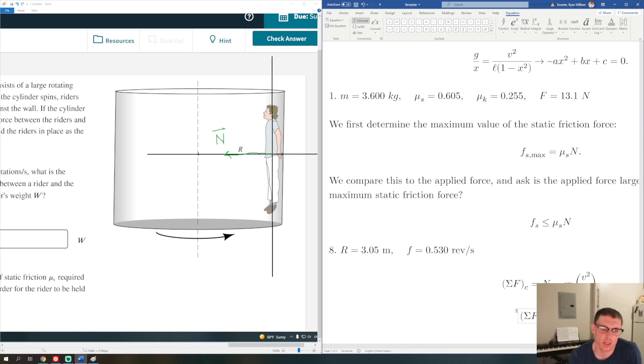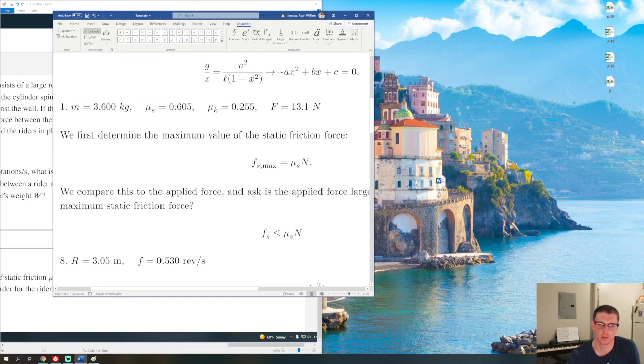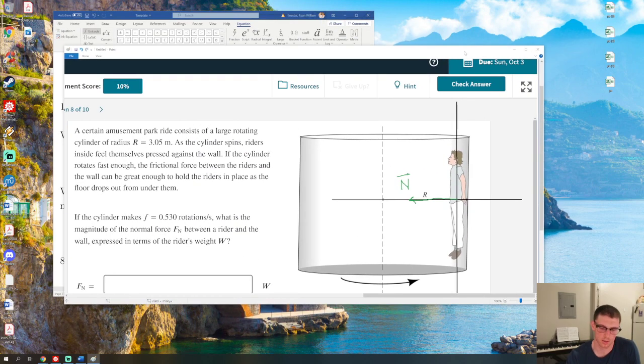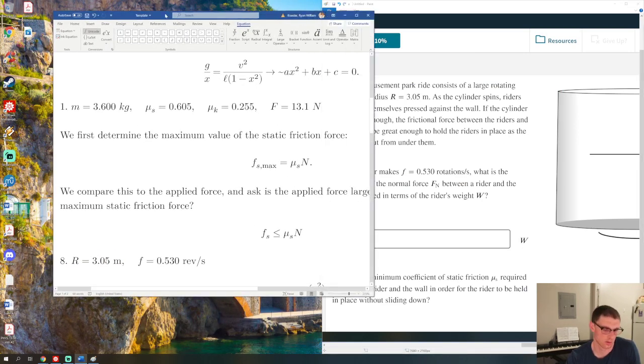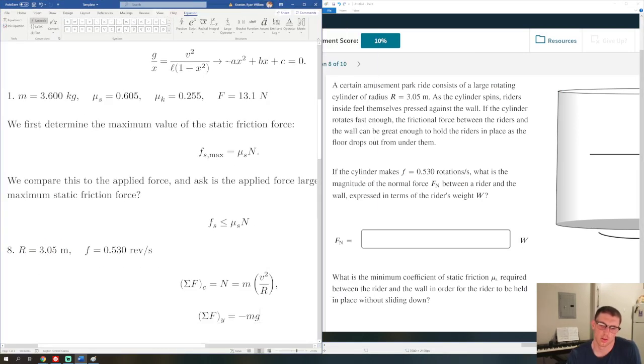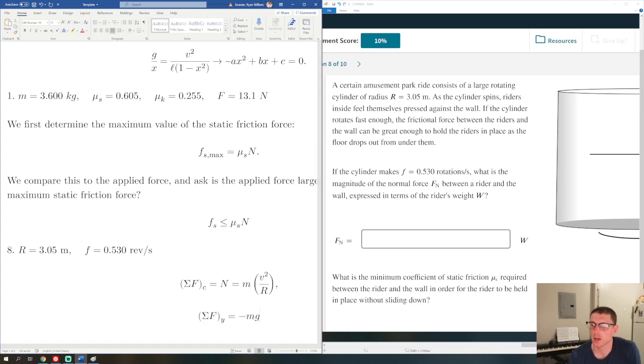What about this? If I switch these, let's try that. That should be better, right? So yeah, friction going up, right, is what somebody said.